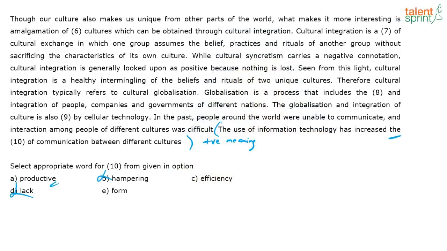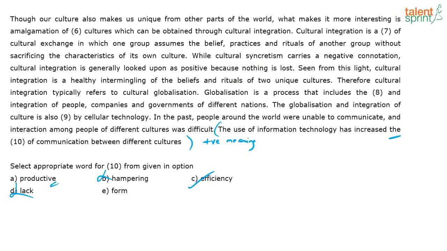Yeah? The answer is C. Increase the efficiency of something, right? We are talking about the quality of something being effective, right? And since it's a positive meaning context, we are saying, hey, this has helped the communication to a large extent. It has improved.